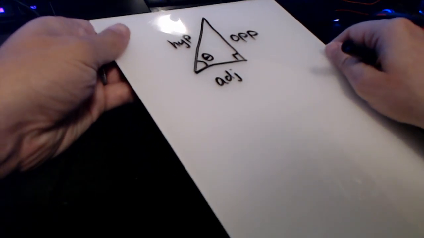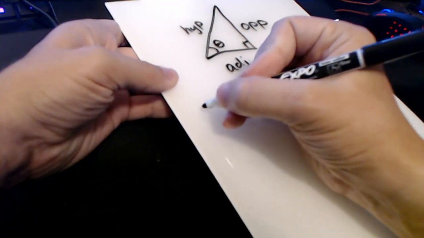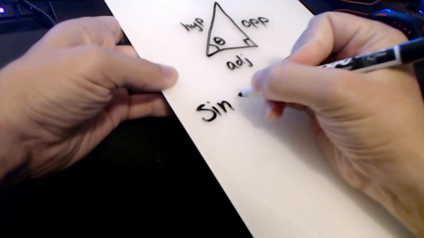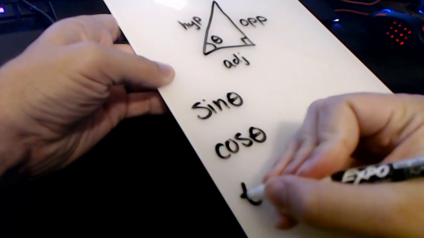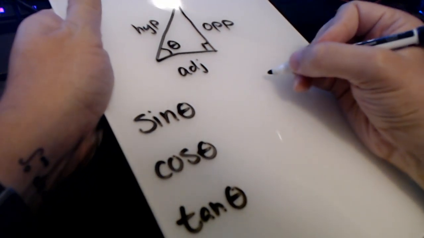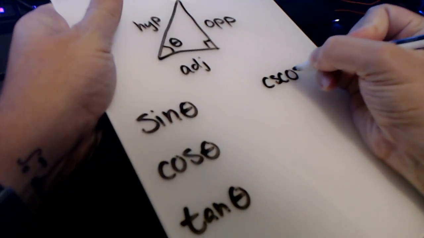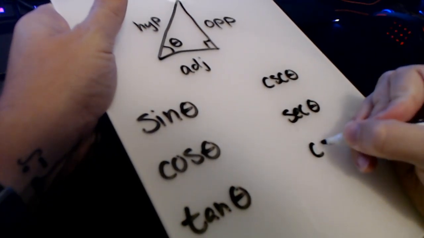This is important because for each of these, we are going to go through and talk about the trig functions that they identify with, which is sine, cosine, tangent, and then over here, the reciprocal identities, which would be cosecant, secant, and cotangent.